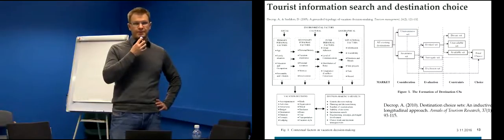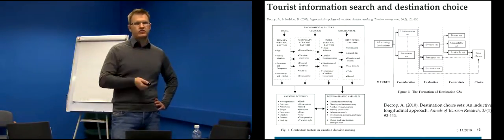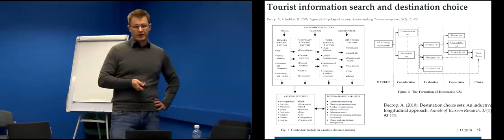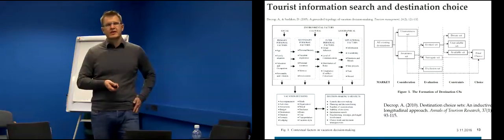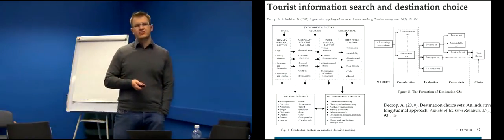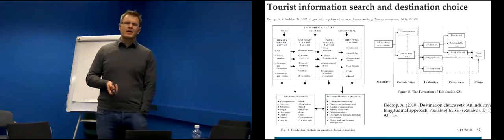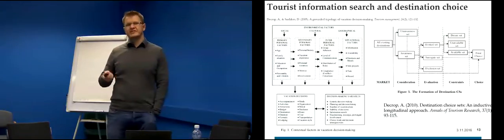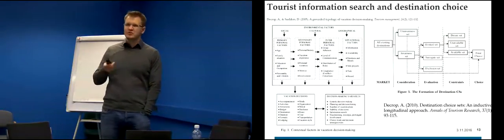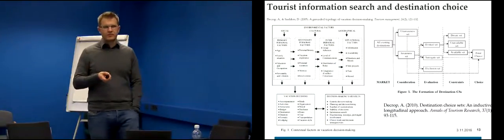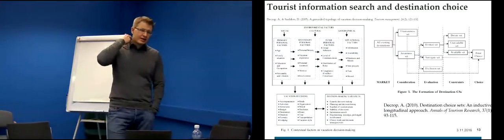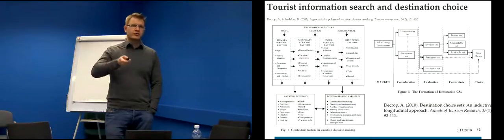For example, the destination choice set literature on the right is a great example. We can start thinking that there are all existing destinations. So basically, there are quite a lot of destinations on this planet, and also, in theory, you could travel to space if you're rich enough.